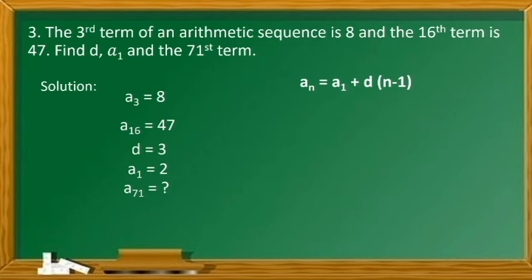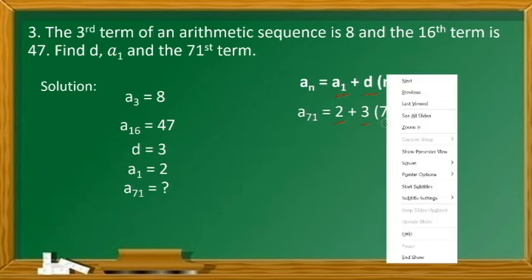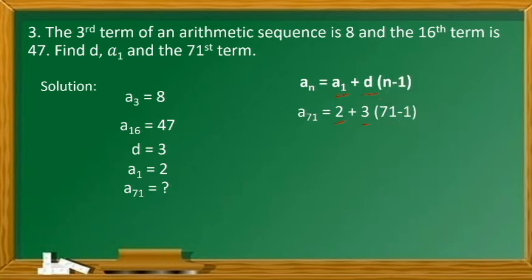So next, since we now have the common difference and the first term, which are 3 and 2 respectively, we can now find the 71st term, or the last term. So we have now the formula. Let's substitute it again. So our a sub 71 is equal to 2, which is our a sub 1, and common difference is 3, multiplied by the value of n, which is 71, minus 1. Then we have a sub 71 is equal to 2 plus 3 times 70.